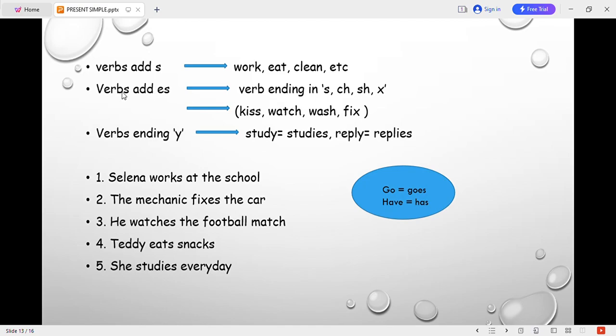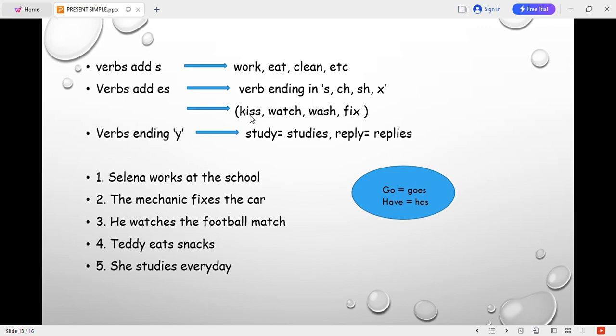Only some of the verbs add es. Verbs ending in s, ch, sh, x, we have to put es, not only s, at the end of the word.